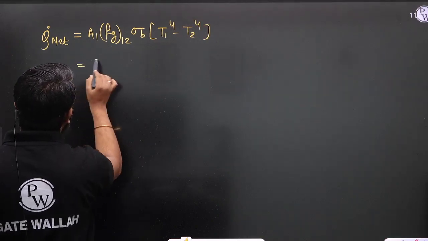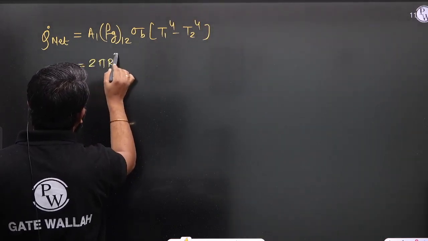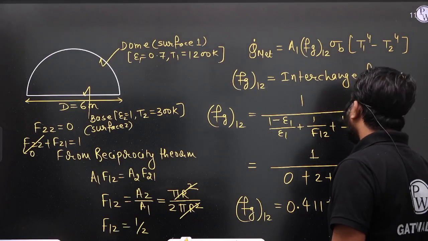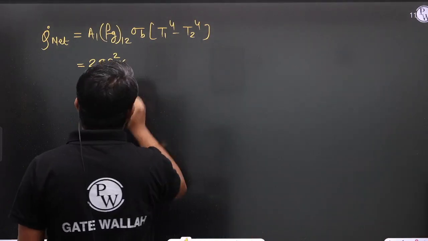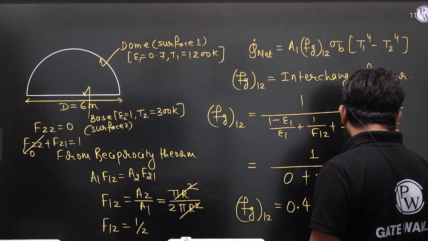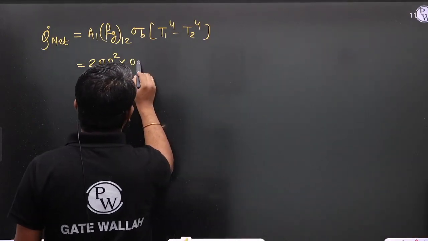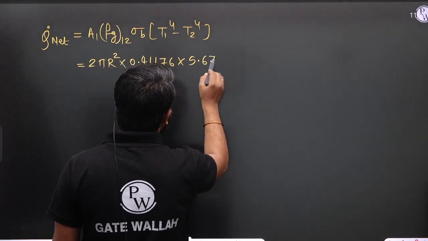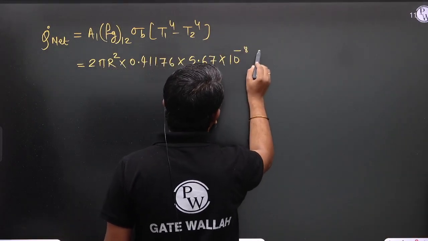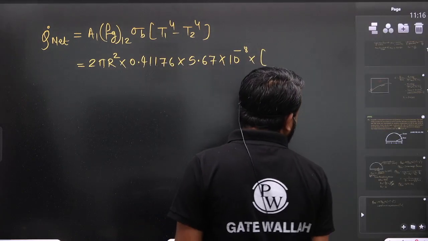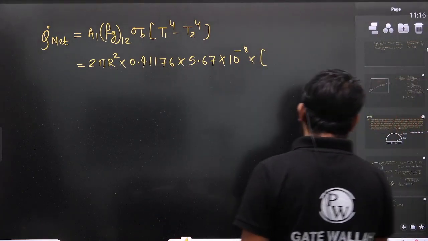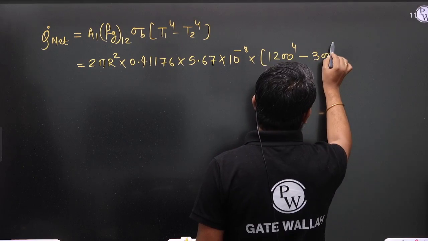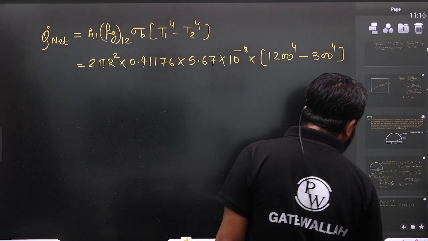So A1 is 2 pi r square, since the hemisphere surface area is 2 pi r square, and Fg12 we already calculated, 0.41176, into sigma B, 5.67 into 10 to the power minus 8, into (1200 to the power 4 minus 300 to the power 4), where T2 is 300.